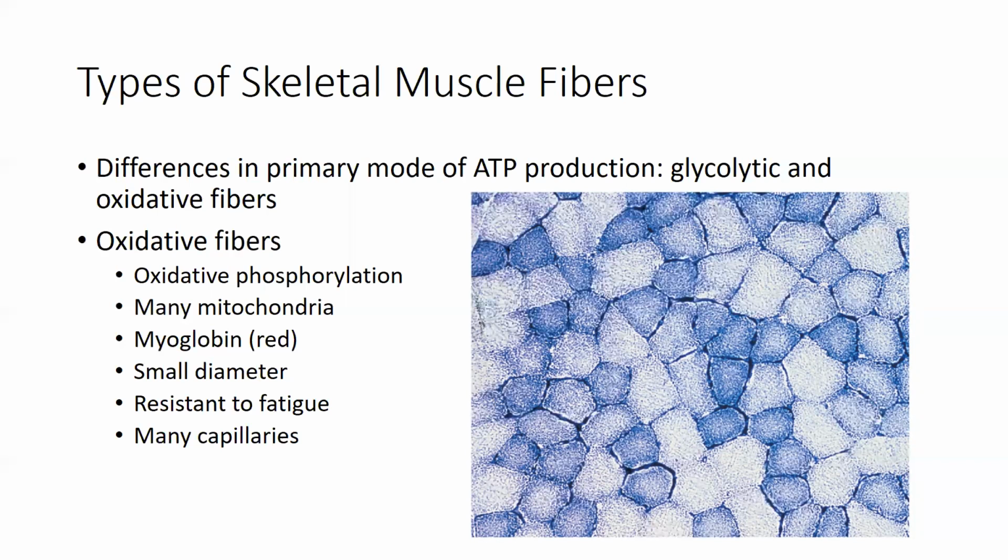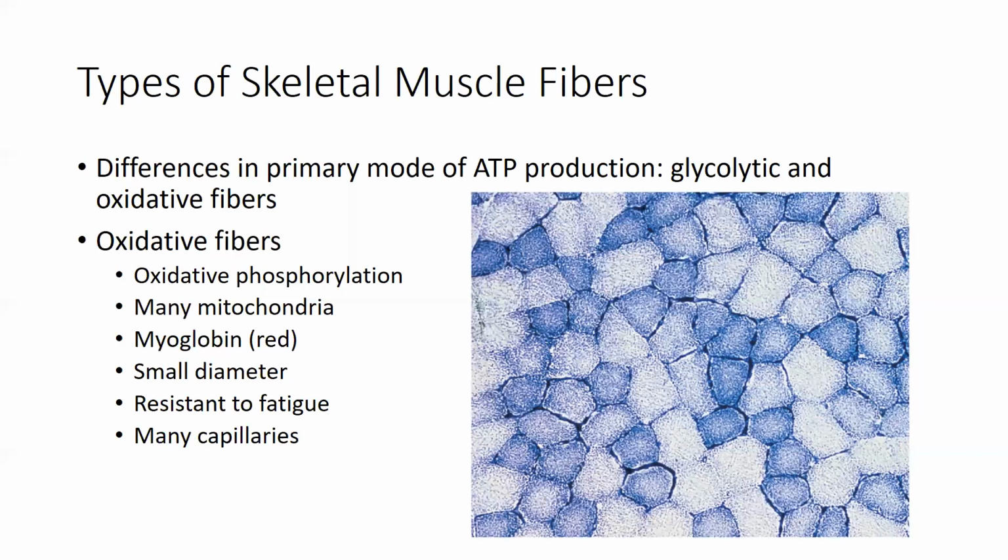So your oxidative fibers, in contrast, rely solely on oxidative phosphorylation. And as a result, they're going to have many mitochondria. Okay, this only makes sense. This is the site of oxidative phosphorylation. They're going to have lots of myoglobin. What is myoglobin?